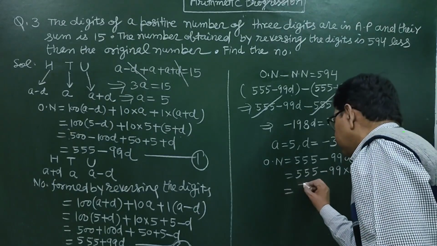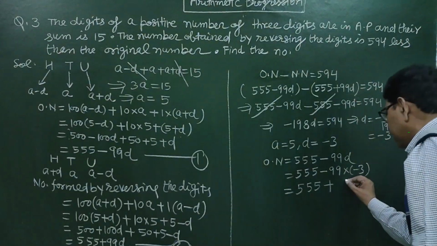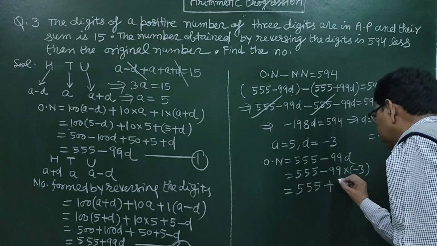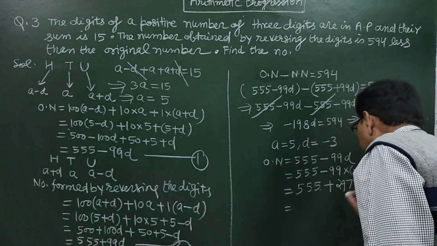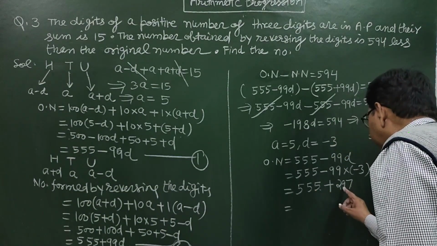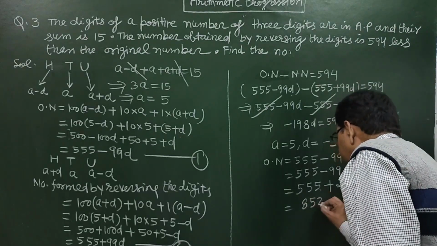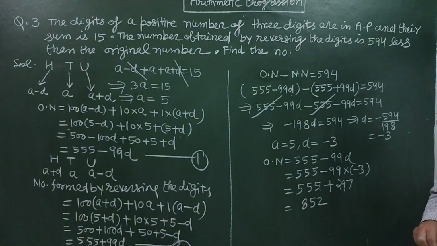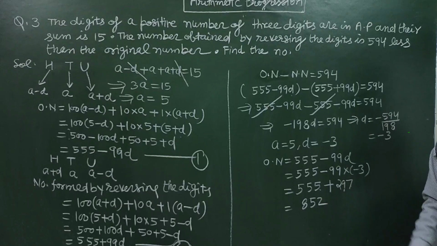This is equal to 555 minus minus is plus, 3 9s are 27, 297. So this is equal to 852. So the original number is 852. This is the final answer of the question.